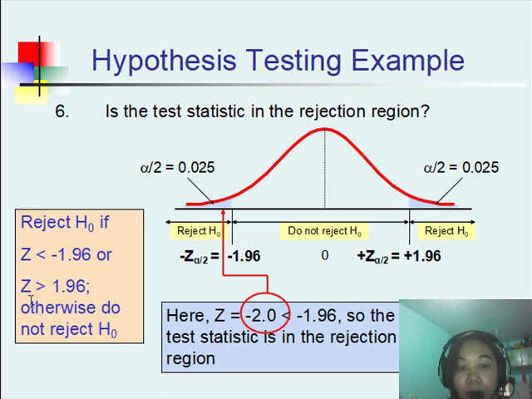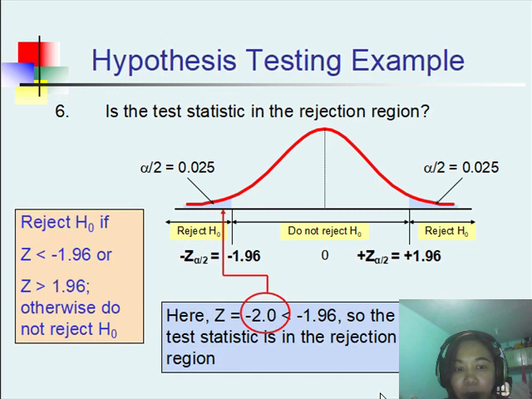But if you use the absolute value of z, you have to compare it using greater than. If you use the negative value of your z, you compare it with the negative value of z alpha over 2. So we compare it with negative 1.96. Negative 2 is less than negative 1.96, and that is true. Your z value falls within the rejection region. So therefore, we have to reject because it falls in the rejection region.